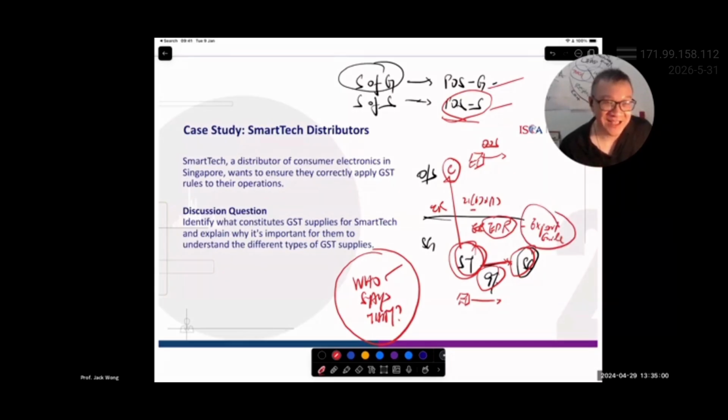Okay, if you can't satisfy the EDR, and guess what? You may think it's export and therefore zero rated supply. Not true. It is actually a standard rated supply. Okay, so that means you know the differences between standard rated supply and zero rated supply depend on the situation.